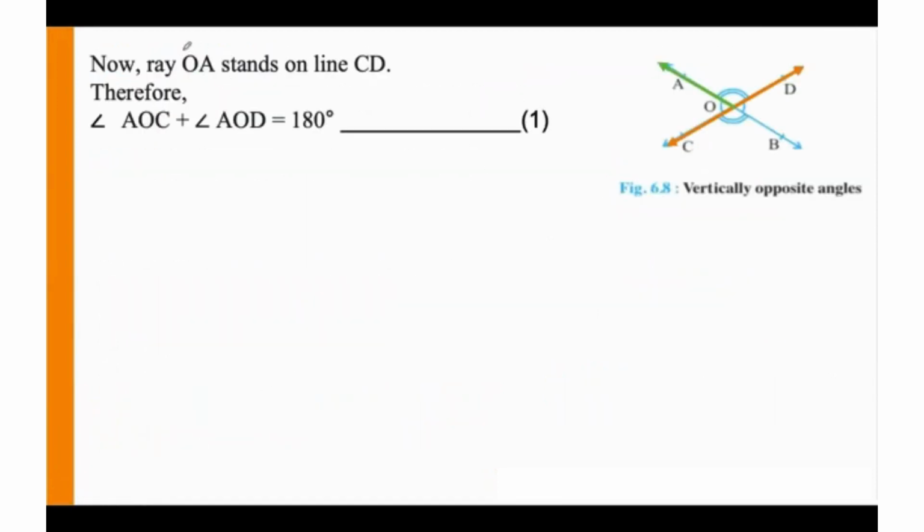Now, ray OA stands on line CD. As you can see in the figure, on line CD, ray OA is standing on it, and so we get two adjacent angles, angle 1 and angle 2. Therefore, can we say that angle AOC, which is angle 1, plus angle AOD, which is angle 2, is equal to 180 degrees?